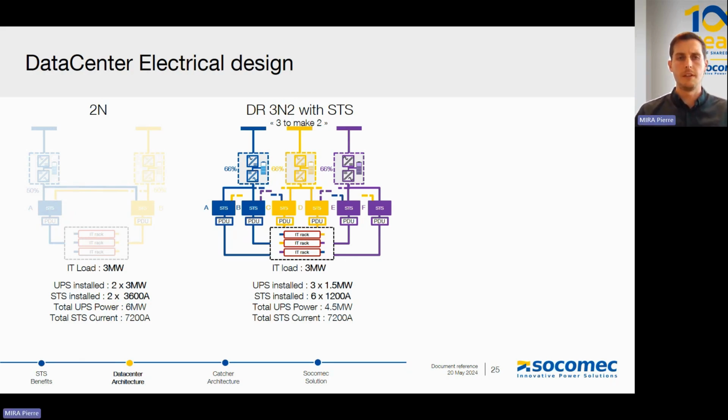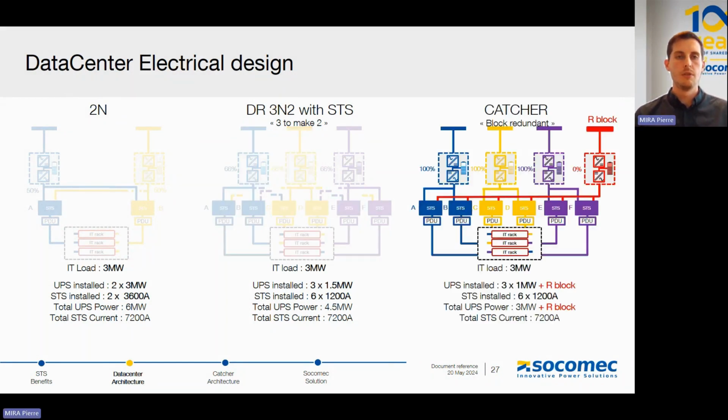So again, we keep the same sizing of UPS, 3 megawatts of IT load, 4.5 megawatts of UPS, loaded at 66%. And now we bring 7,200 amp of static transfer switch in order to increase the redundancy of the data center. So if we lose a UPS, the STS will share the load in order to fully secure the servers from any power outage upstream, and also still bringing the safety from any downstream event.